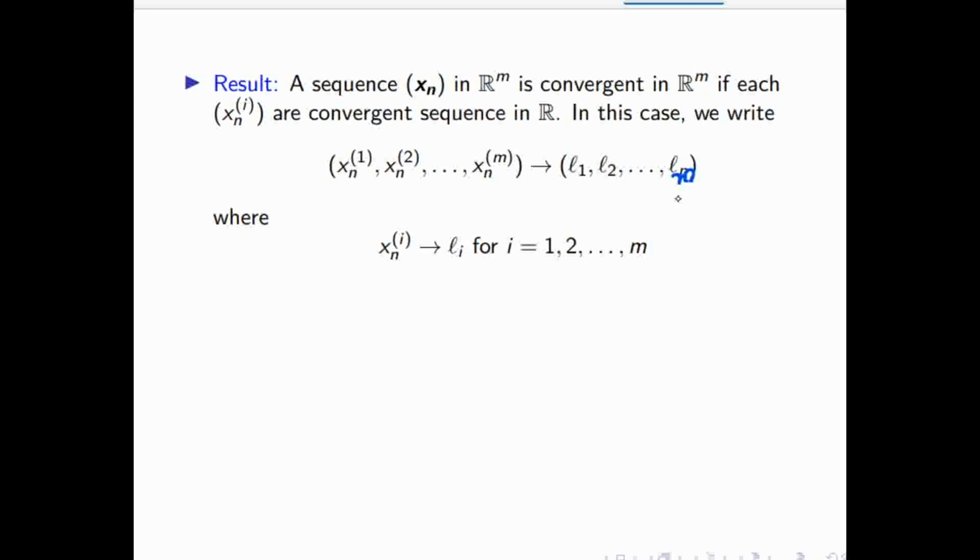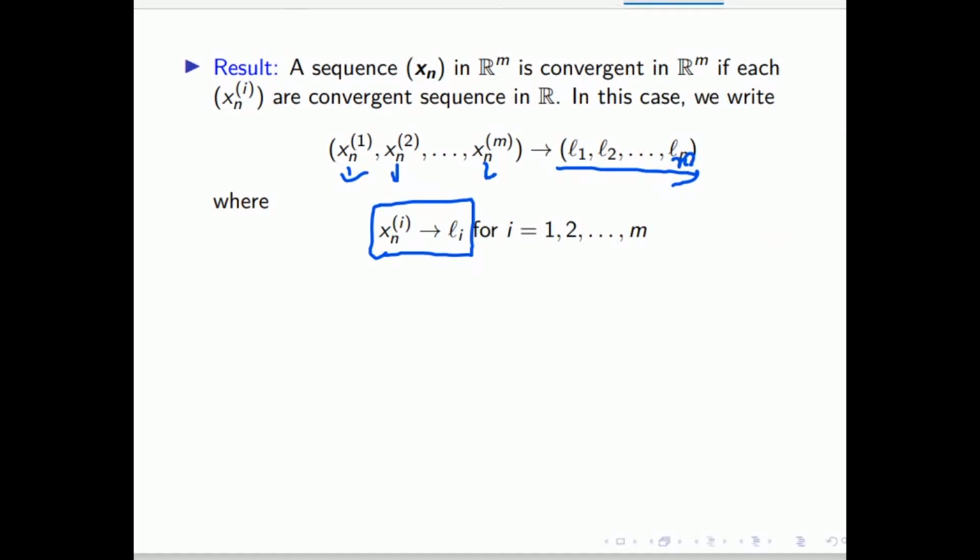Then you just find the limit of each individual component. Suppose xni has the limit li, then you will get the limit. So finding the limit of a vector valued function is very easy. Just find the limit of each component and then write it in vector form, and you will get the limit.